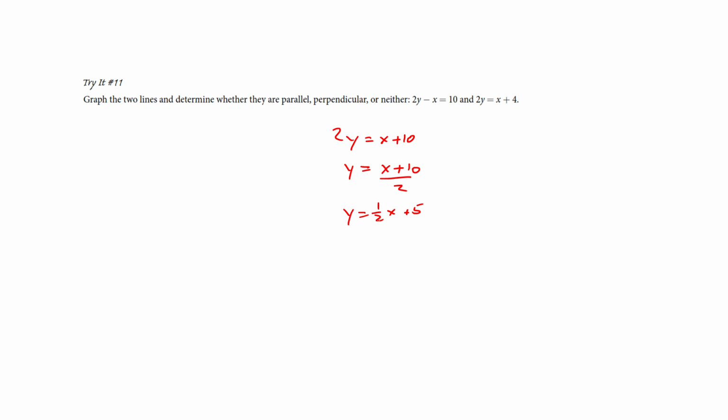Okay, so I've got one of the slopes, it's a half. Now let's do it for the other one. If I divided that 2 over, it'd look like this, and then I get 1/2 x plus 2. Okay, so these have two different y-intercepts, and they have the same exact slope. So they would be building in exactly the same way, and therefore they could never possibly hit each other. They must be parallel lines.